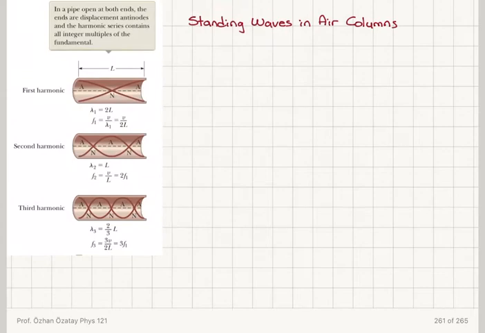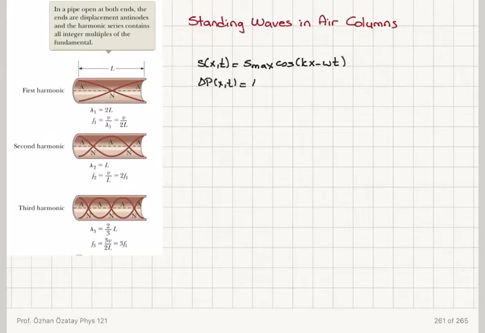Now we're going to talk about standing waves in air columns. And first of all, I would like to start out by reminding you that we can describe sound waves either using displacement or pressure. For displacement, we had s of x,t, the wave function is s max cosine kx minus omega t.